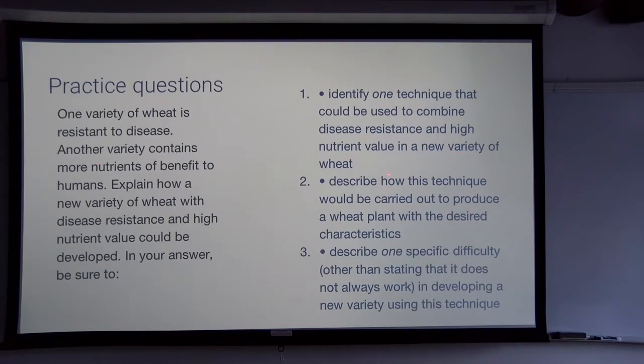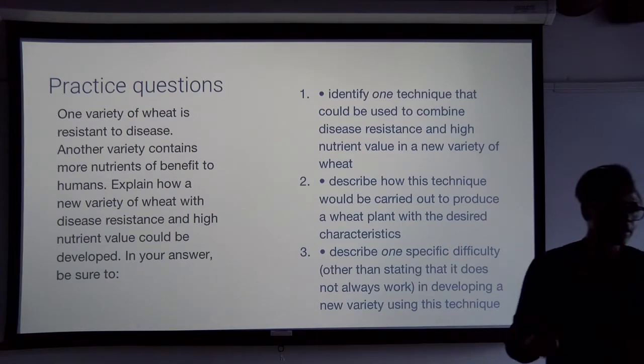Second, describe how this technique would be carried out to produce a wheat plant with the desired characteristics. Thirdly, describe one specific difficulty in developing a new variety using this technique, other than stating that it does not always work. So once again, let me give you guys 2 minutes to work on that.